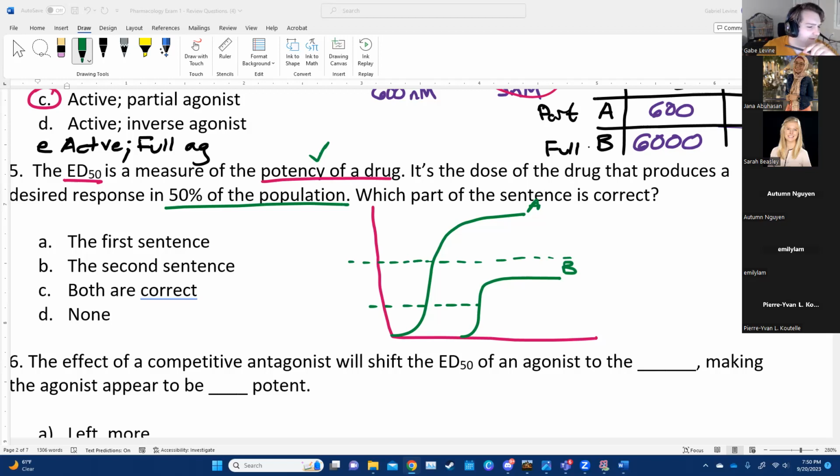Let me think about that for a second. The answer might be that he would just have to specify. But generally we go by graded responses rather than quantal responses. At least that's how I interpreted a lot of these questions, going by graded response.